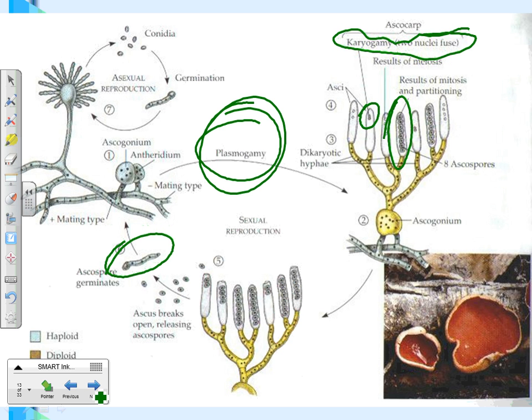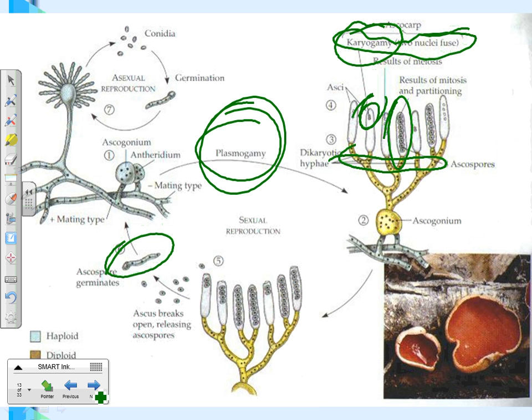That gives us cells that are dikaryotic, cells that have 2 haploid nuclei. Those nuclei will eventually fuse. That's called karyogamy, fusion of the nuclei, sort of like fertilization. Haploid plus haploid eventually will give us cells, like that one right there that's diploid. That's inside the ascus, this spore sac.